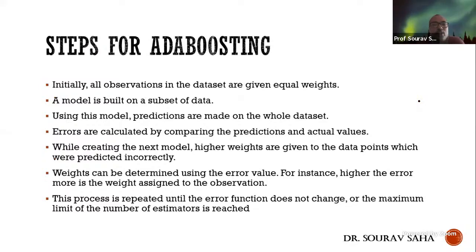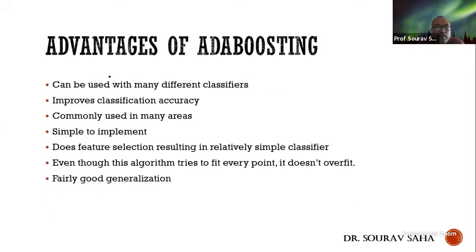Okay, so these are the steps: all the observations get equal weightages. Then a model is built on this subset of the data, right? And then we calculate the errors, and the ones which were incorrectly classified, we give them higher weightage for the next iteration, and we do it until there are no errors, right? The advantages are that it can be used with several different classifiers, improves the classification accuracy, is commonly used, and is simple to implement.